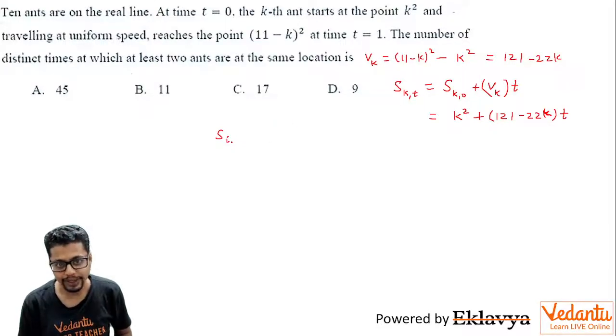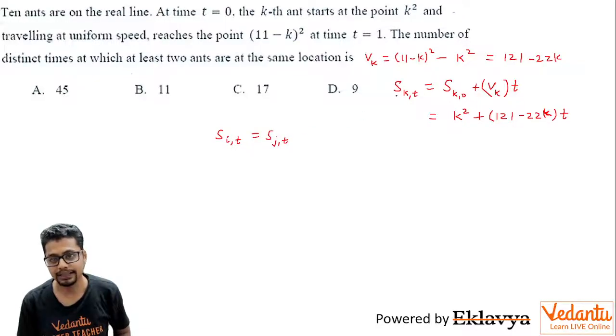That would mean at time instant t, the position of the ith end and the jth end would be the same. So here s is essentially the position of the kth end at time t. It will be the initial position of the kth end, that means at time t equal to 0, plus v_k times t.